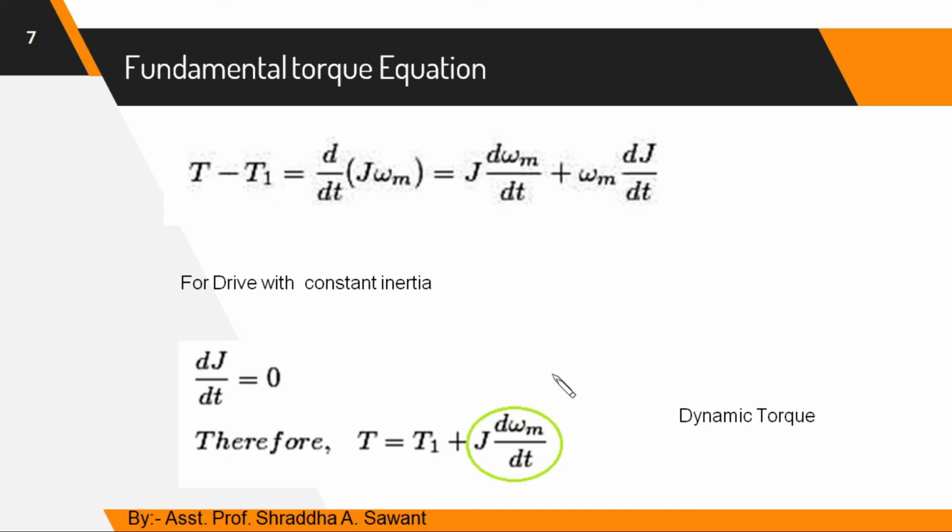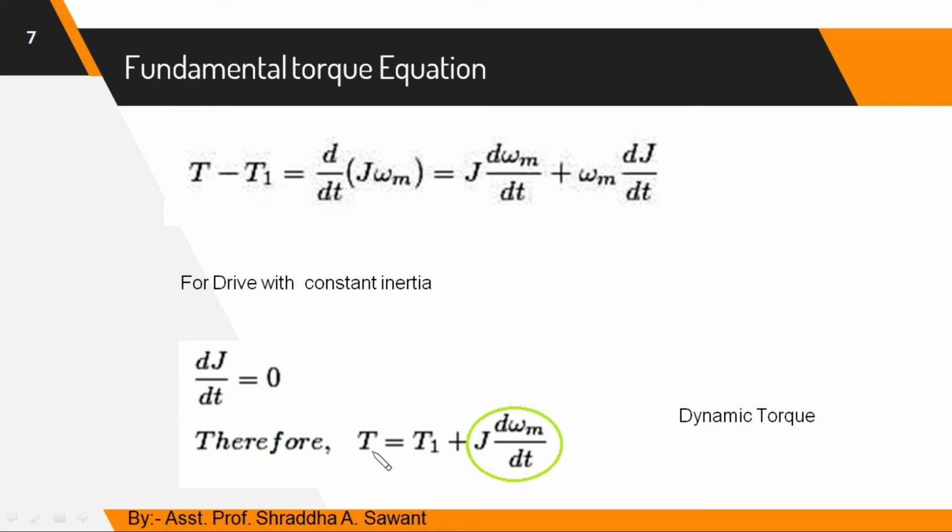This term is known as the dynamic torque. Why is it called dynamic torque? Because this component is only present during the transient operation. Already we have seen transient operation means braking, reversing, starting. So this is only present during the transient operation.